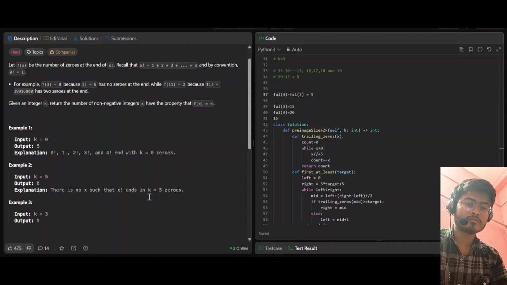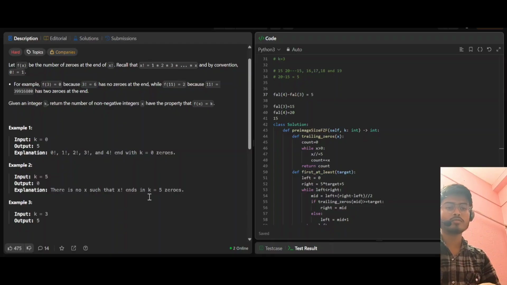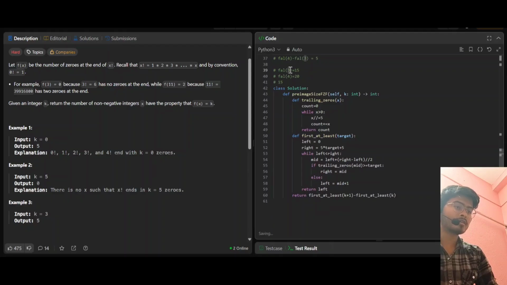So the answer is 25 minus 25, which is equal to 0. This means there is no value of x whose factorial contains exactly 5 trailing zeros, as we discussed earlier. Let's run and submit this code.